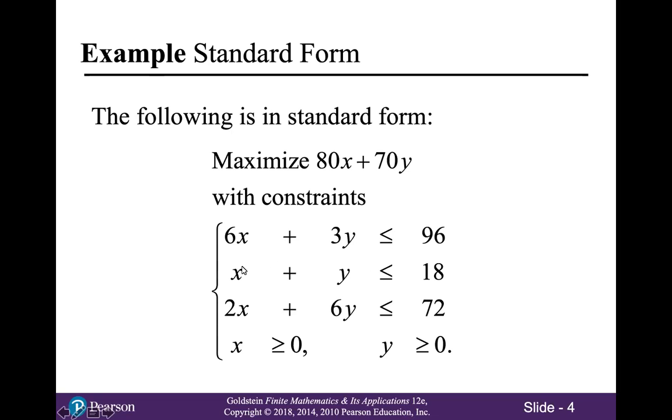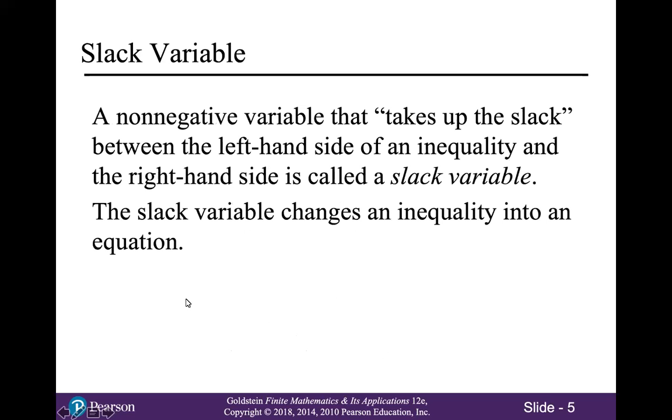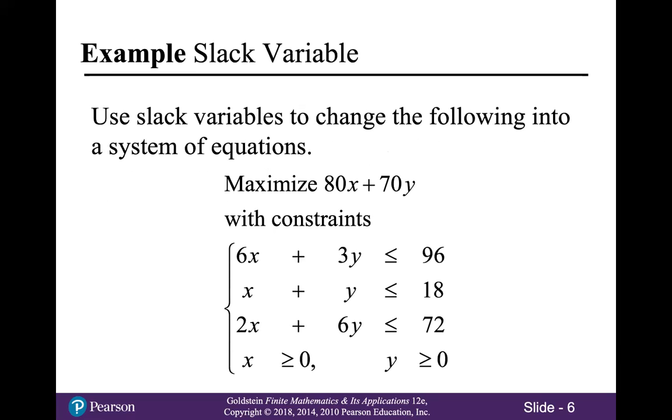This one represented finishing, and this one represented upholstery. So the slack variable for each of those inequalities would represent the unused amount of carpentry, the unused amount of finishing, and the unused amount of upholstery.